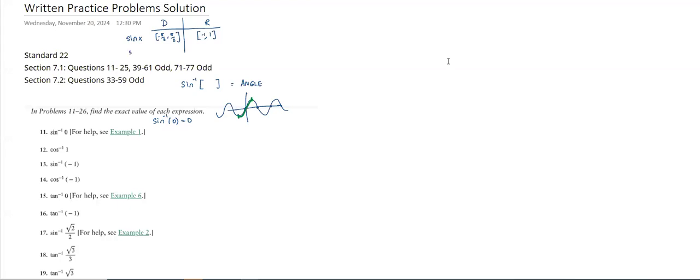Sine inverse of x can take negative 1 to 1 as its input and can only give you values between negative pi over 2 and positive pi over 2 as its output. So this is a restricted domain.